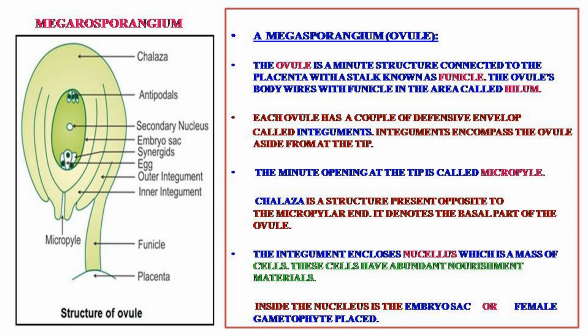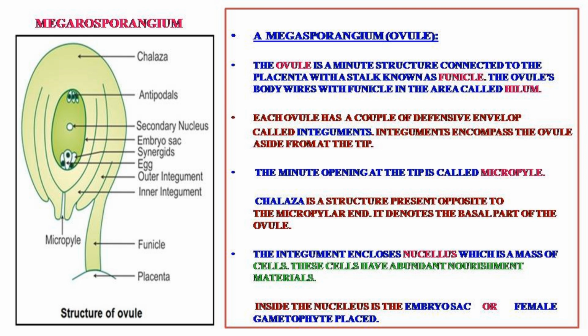In the nucellus, there is a large haploid embryo sac or female gametophyte. At the micropylar end of the embryo sac, there is a three-celled egg apparatus which consists of a central egg cell and two synergids, one at each side of the egg.